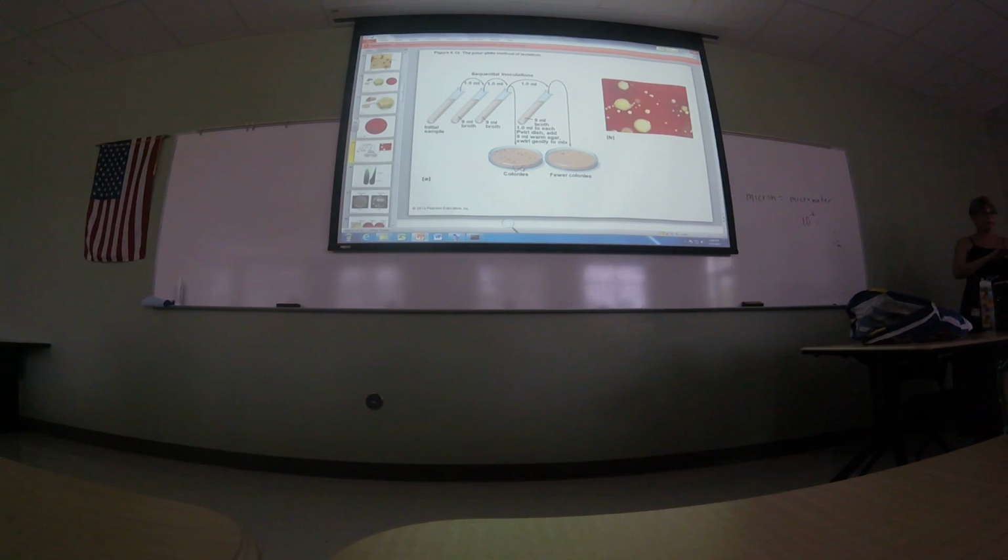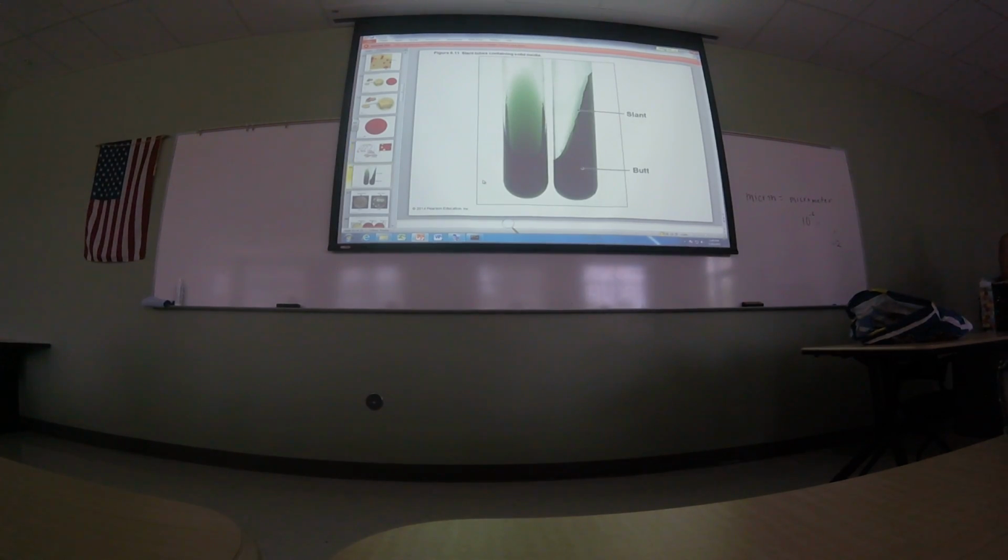Whereas what we've done before with streak plate and everything is we had our agar and we put our bacteria on top. There's another method called spread plate, where you take your bacteria in liquid and you spread them over the surface of the agar. So we'll do that in lab.